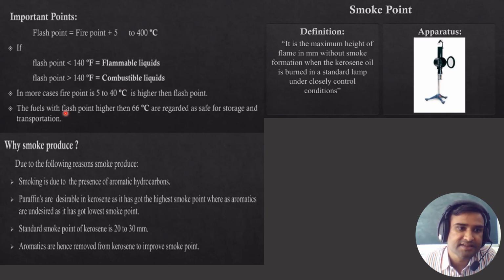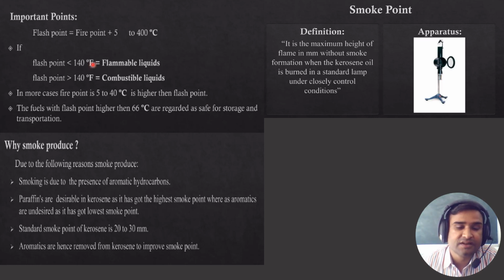In most cases, the fire point is 5 to 40 degrees centigrade higher than the flash point. Fuels with a flash point higher than 66 degrees centigrade are regarded as safe for storage and transportation.